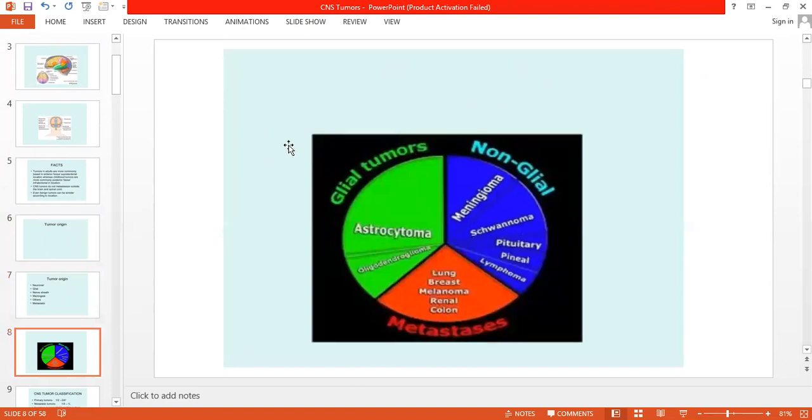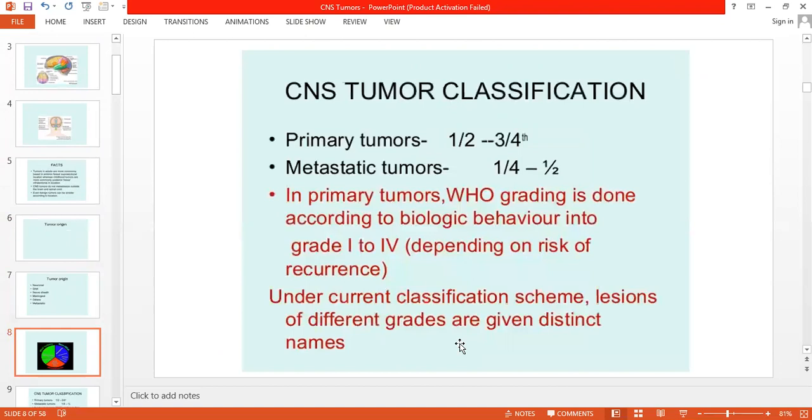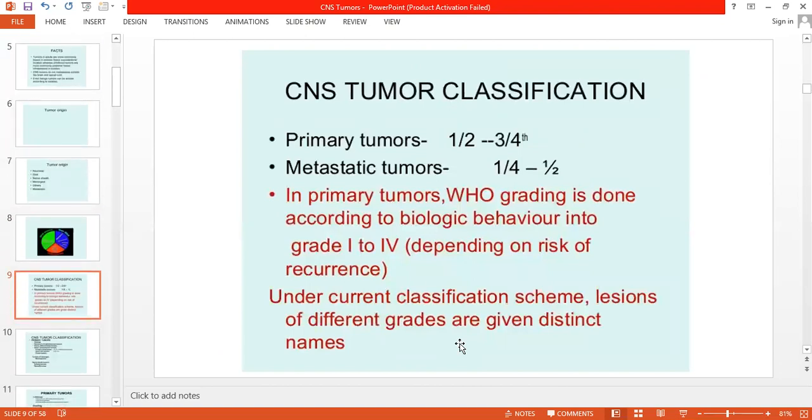The glial tumors, like astrocytoma, and non-glial tumors, which are considered to be the primary brain tumors, constitute almost 60 to 70% of brain tumors. The glial are 30 to 35%. Non-glial tumors involve the meninges, the Schwann cells, the pituitary, pineal, and the lymphoma cells within the brain. And 20 to 30% of tumors are metastatic, usually from lung, breast, melanoma, renal, and colon cancer. They frequently metastasize to the brain.